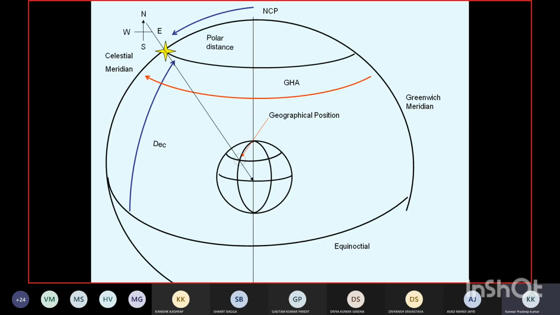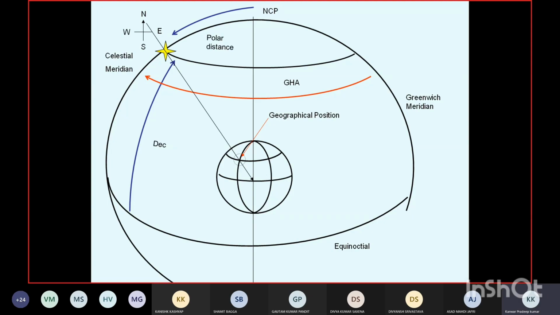I had said earlier that the distance from the equinoctial to the celestial pole is 90 degrees. Now the declination is given in degrees. By now you know it is in the almanac. Yes or no? Yes, sir. So in this case, let us say the declination is approximately 70 degrees. It is very high.